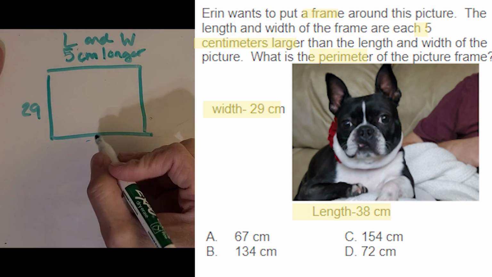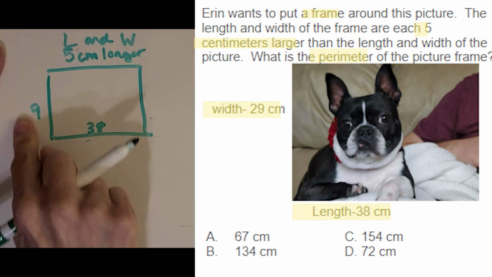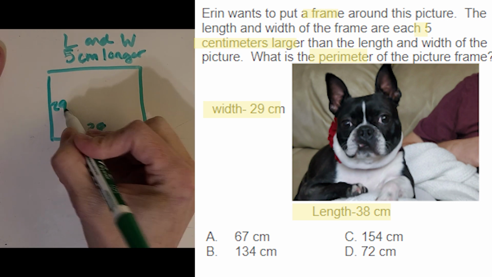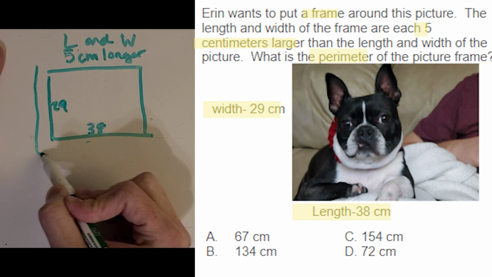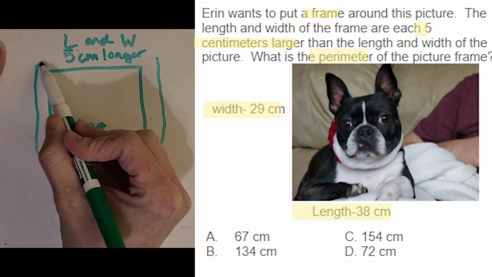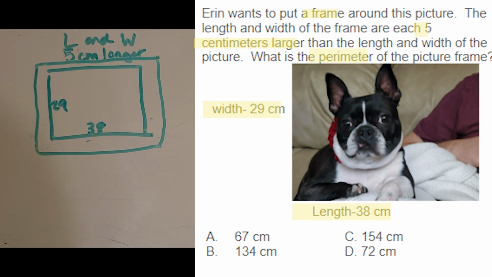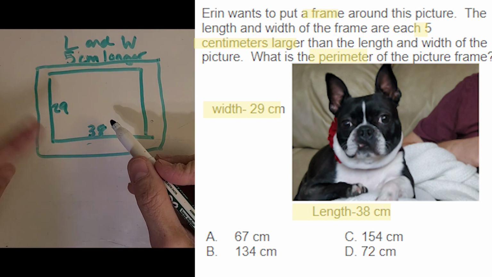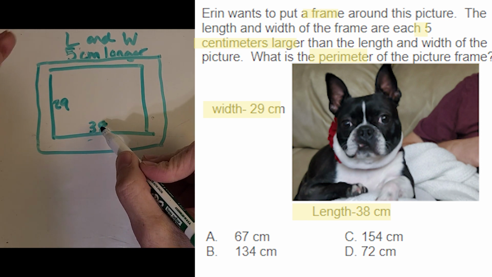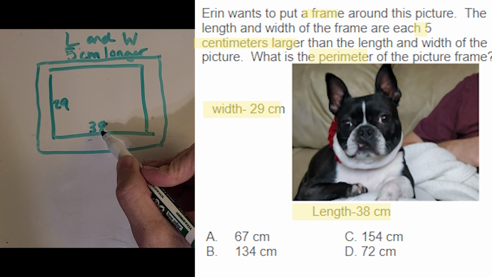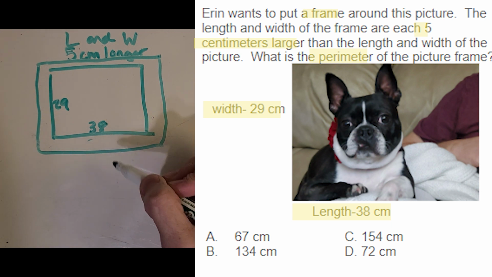I'm actually going to move these numbers in here, and then I'm going to draw the frame. I think that might be a good way to think about it. So the length down here, we need to figure out 5 centimeters longer than 38. Okay, so I want you to think about that and then let me know. What is 5 centimeters longer than 38?